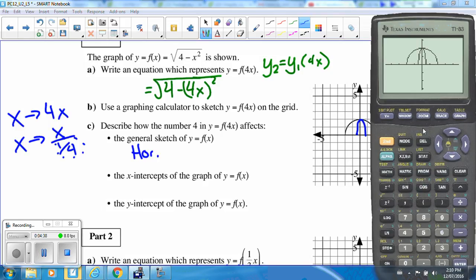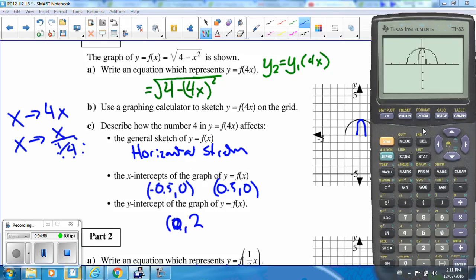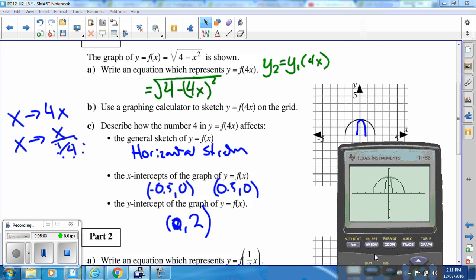So horizontal stretch. The x-intercepts became (-0.5, 0), they divided by 4, and (0.5, 0). The y-intercept stayed the same at (0, 2). I keep trying to put the y coordinate first when I'm doing the y-intercepts, apparently.